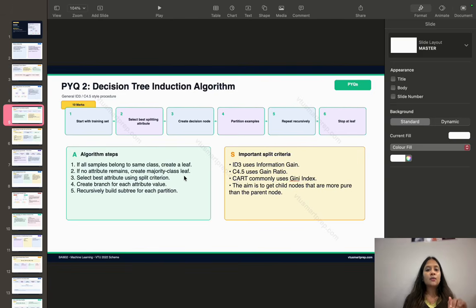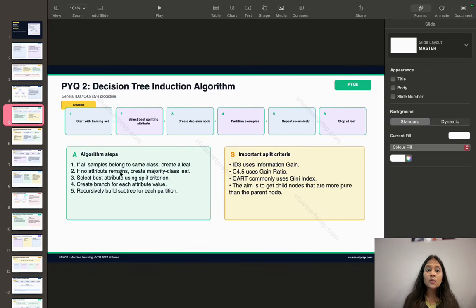And how does it find the best attribute, the majority class? It finds it using the split criteria. In the split criteria, these things you have to remember. What I said: first, the sample is checked for which class it belongs to. If it belongs to the same class, it creates the leaf node, and if not, it picks the attribute which has the majority class leaf.